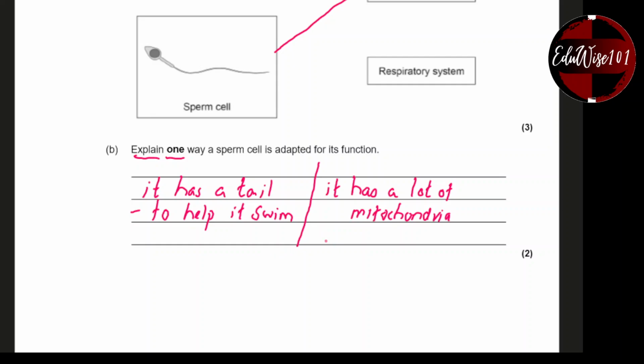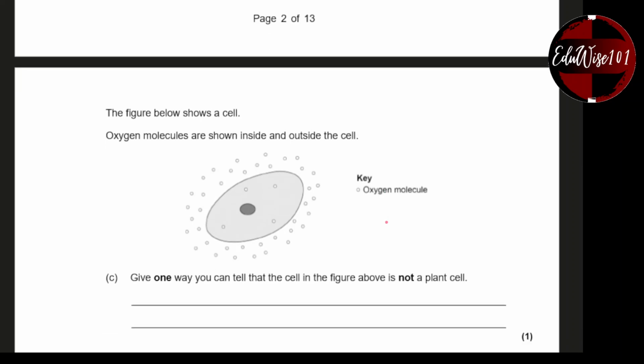The reason is to release energy for movement. Any one of these will give you those 2 marks.